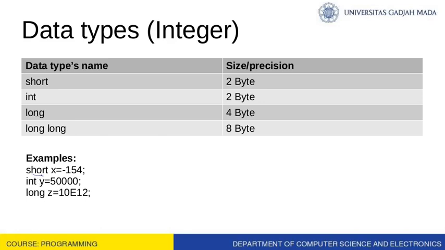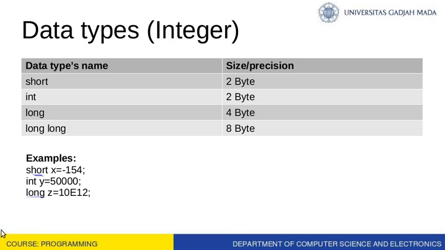Because if you use long, but you store just a small integer value, then you will waste your memory. Okay. So suppose you have 50,000, then it is better to use integer, int, rather than using long. But if you have a huge integer value, then you can use long data type.